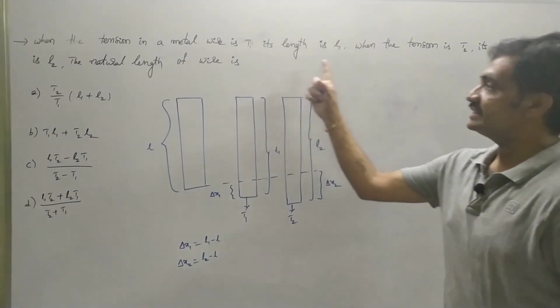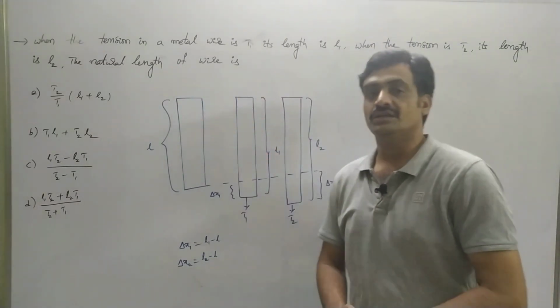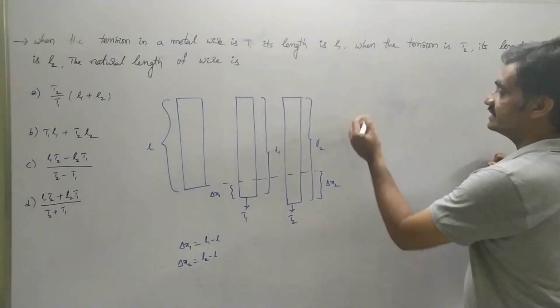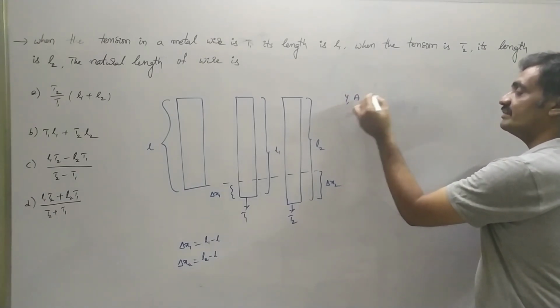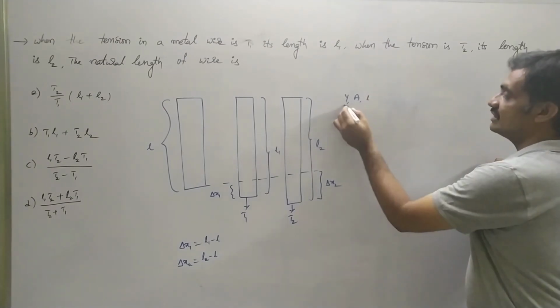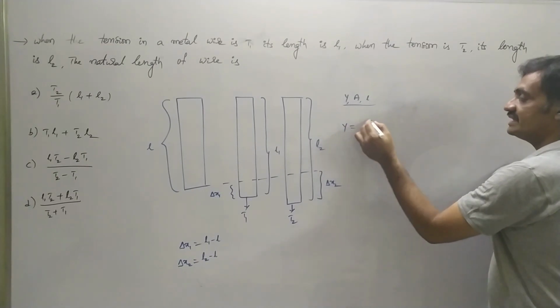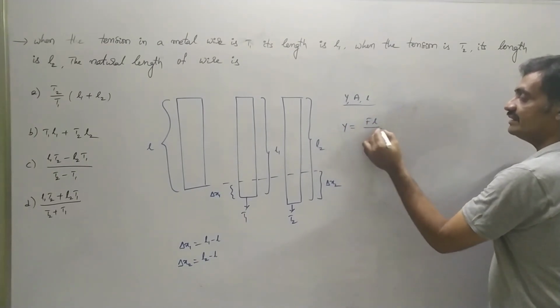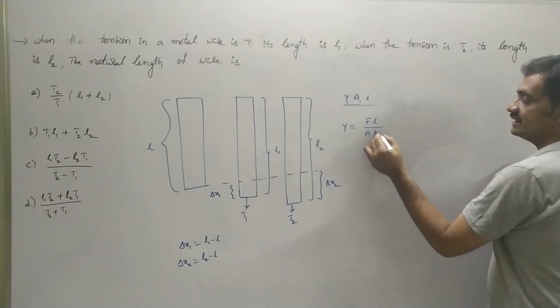We had applied tensions T1 and T2 to the same material. Since we had applied this, we can consider Young's modulus, area of the material, as well as length as constants, where Young's modulus is represented as FL by A into delta x.